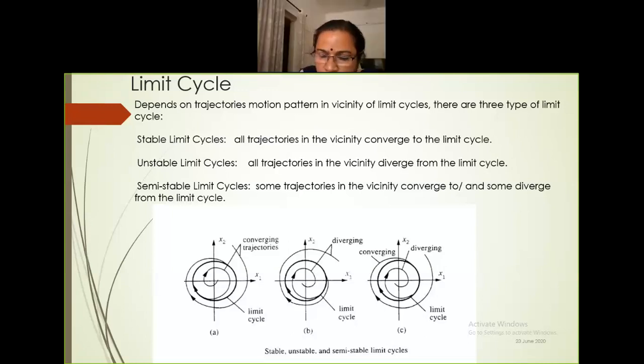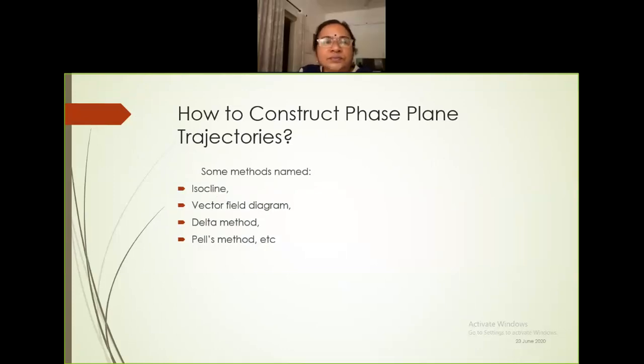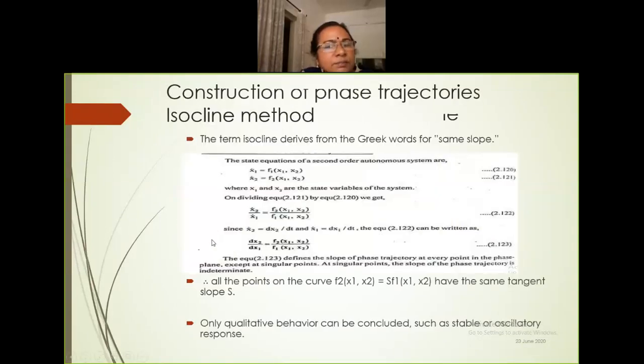No. Okay, fine. Then how to construct phase plane trajectories? Okay, phase plane trajectories you are familiar with. Now we need to know how to construct the phase plane trajectories. There are different methods for constructing the phase plane trajectories. Some methods are isocline, vector field diagram, delta method, pulse method.